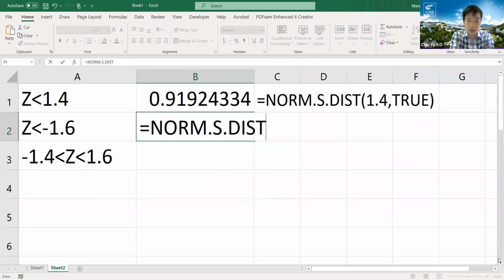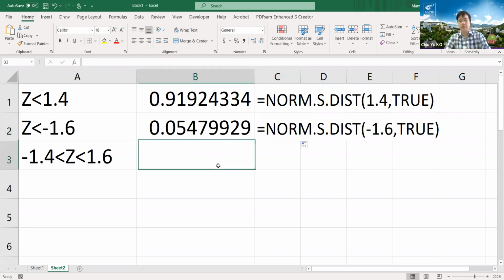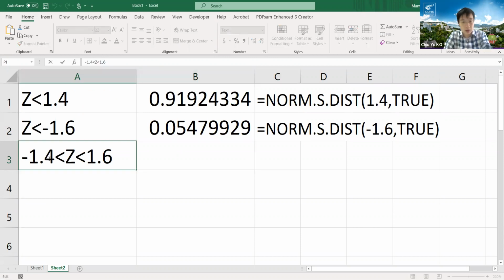With NORM.S.DIST, you put negative 1.6, and you put TRUE again, as we said, always TRUE for our purpose. It gives you the answer we want. And this one will be the difference between 1.4 and negative 1.6. Sorry, I made a typo here.